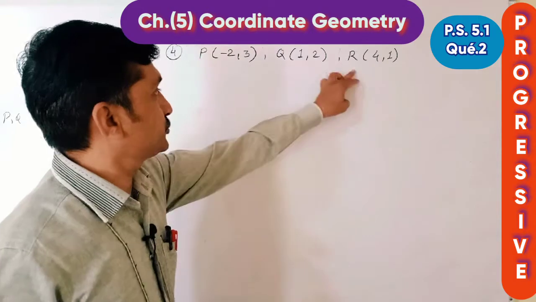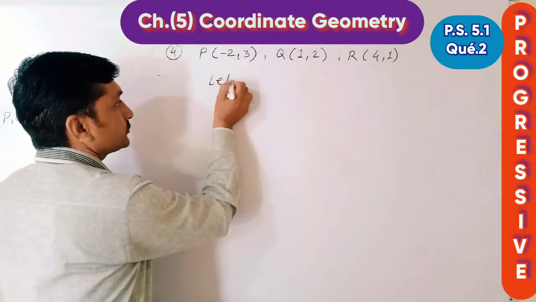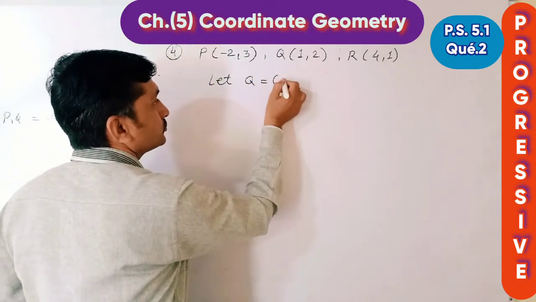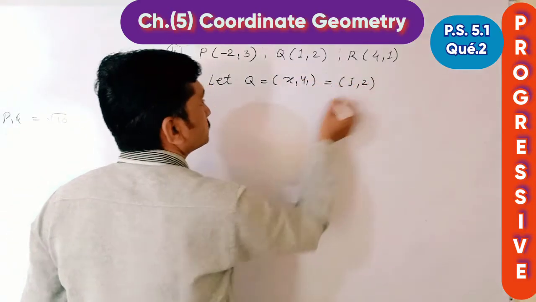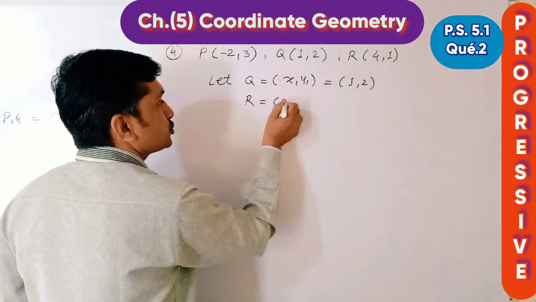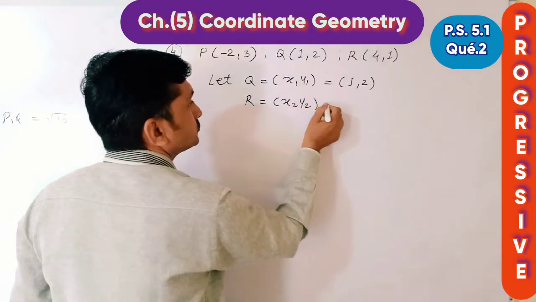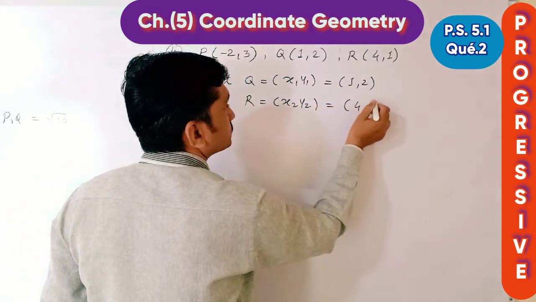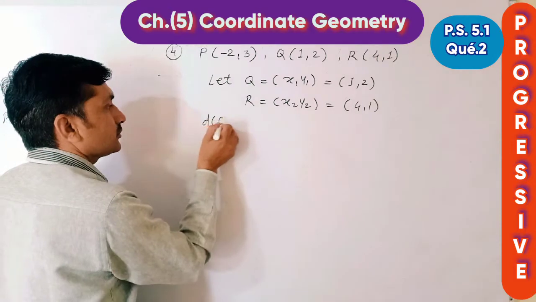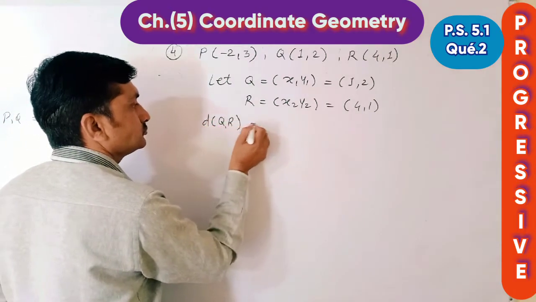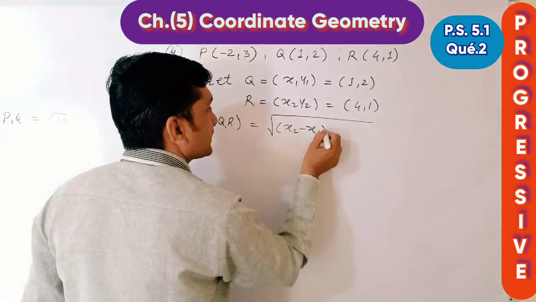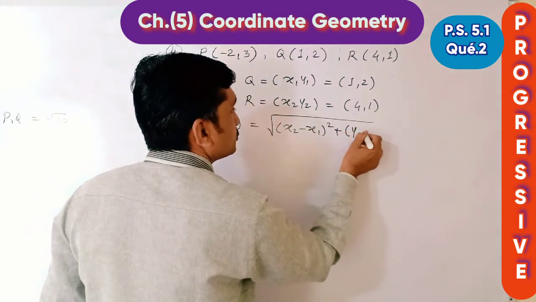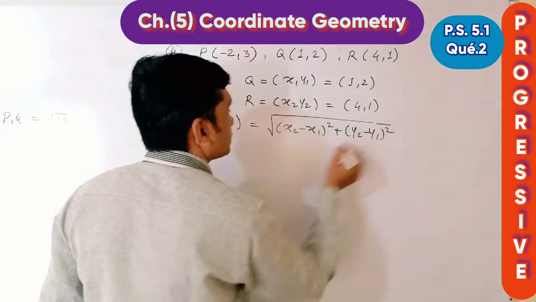Let's find distance QR. Let Q be (x1, y1) = (1, 2), R be (x2, y2) = (4, 1). Distance QR is equal to square root of (x2 - x1)² + (y2 - y1)².